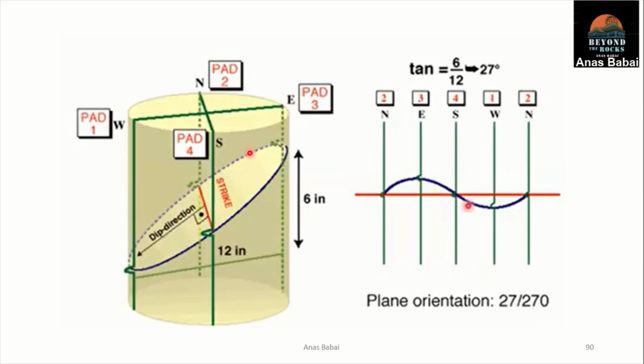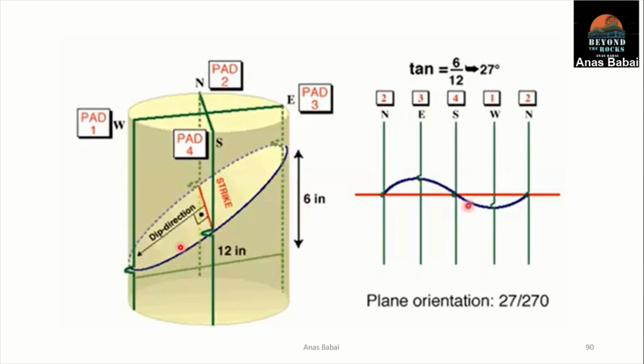So that indicates that our formation is dipping, and in order to calculate the dip angle, we take the diameter of the borehole, and we have the distance from the lowest part of the formation intersection to the highest intersection of the formation with the pad, which is 6 inch divided by 2, through the tan of the value is 27.